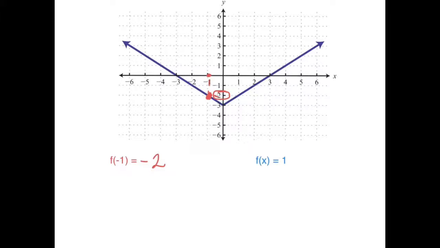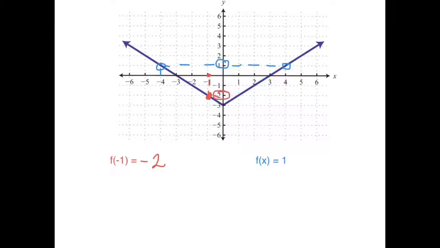In the case of this right here, f of x equals 1, this one represents your function value or y value. So what we will have to do is go to the y value of 1, this one right here, and look for where your line, where your function is at 1. Now in this case, we have two options.